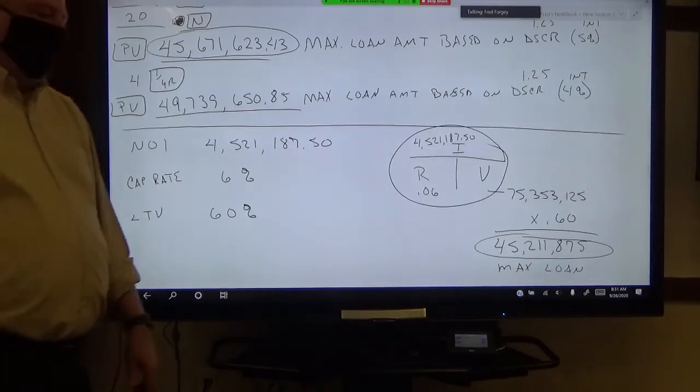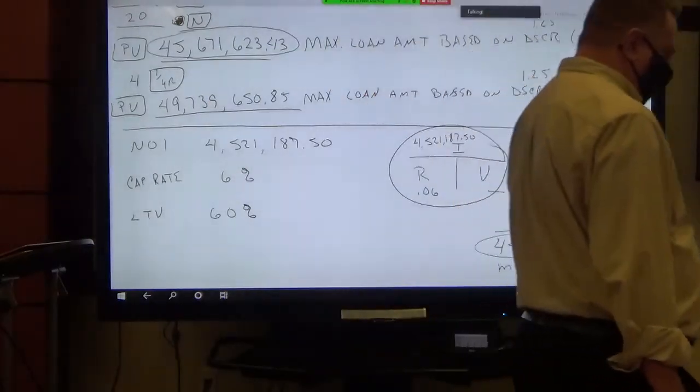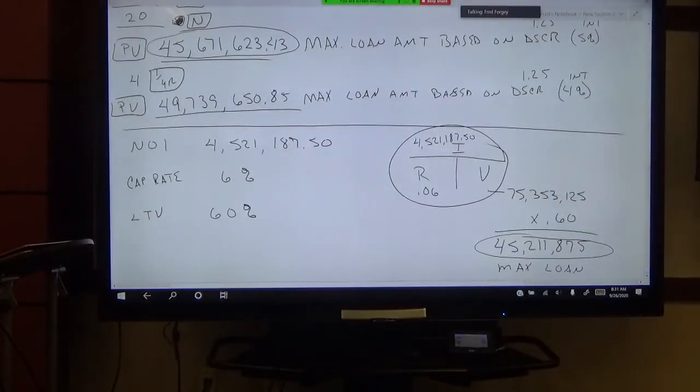Now, as I said, typically the lender's going to apply both of these approaches, okay? And normally, what they're going to do is take the more conservative of the two, meaning the lower of the two. All right?